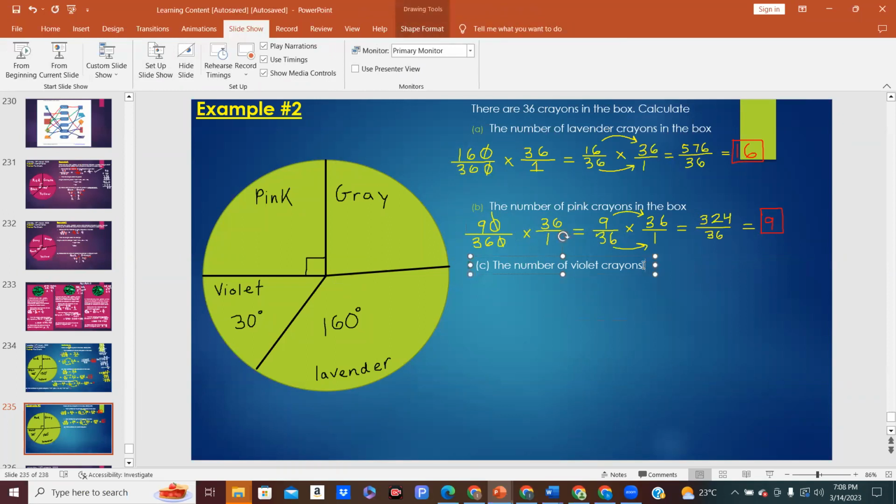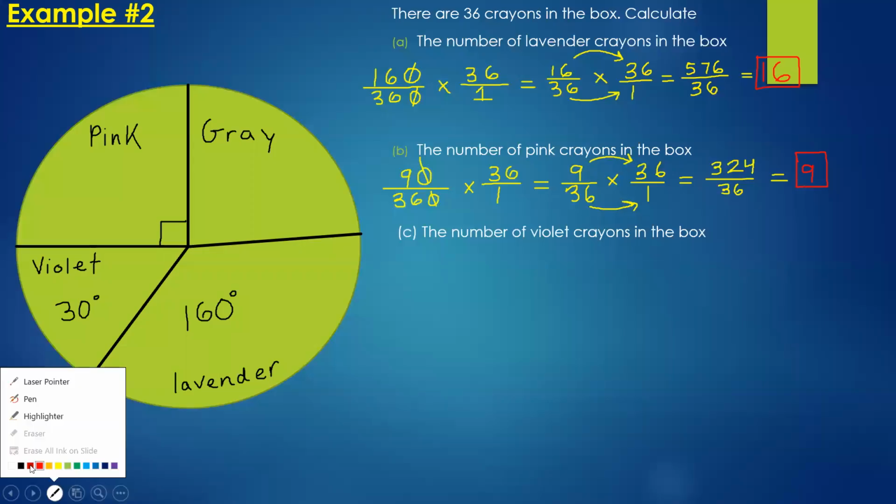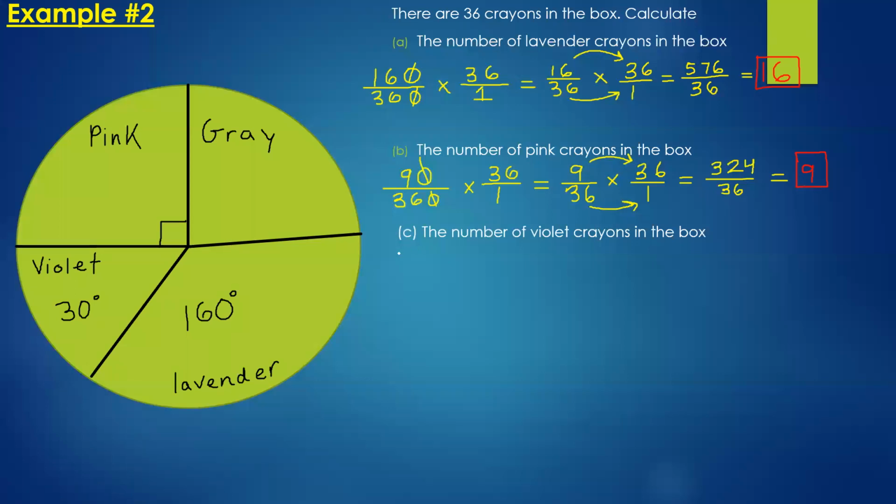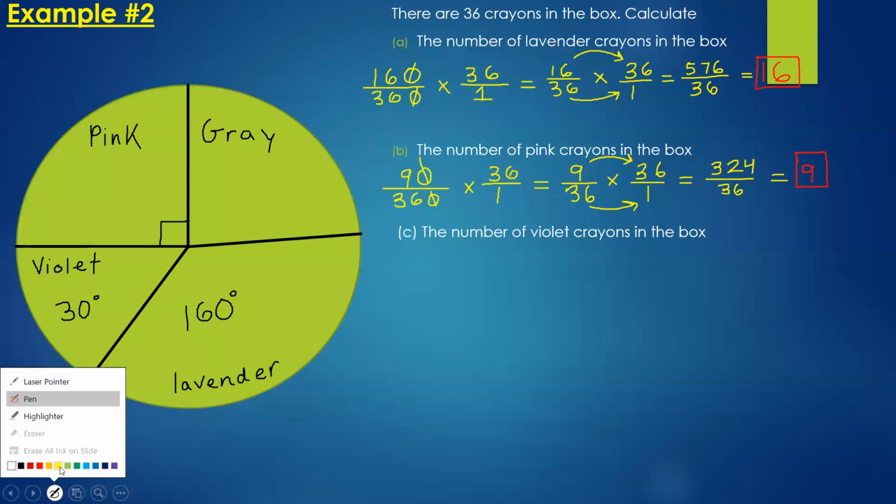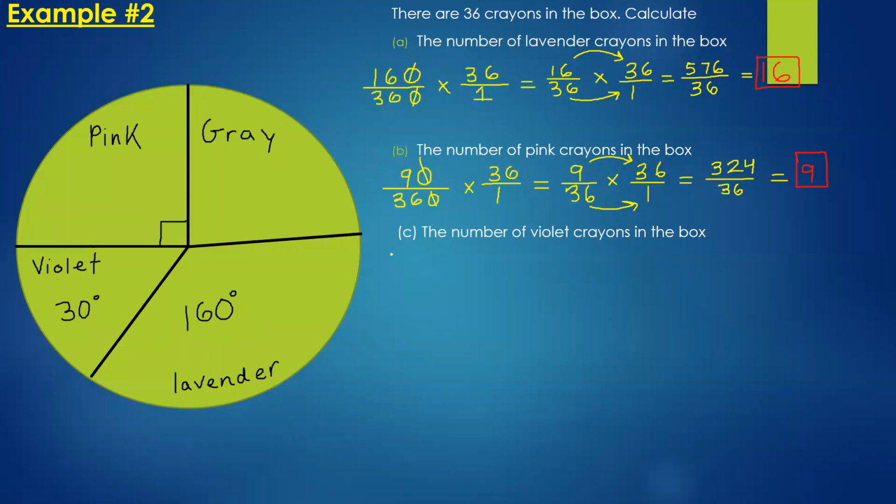The number of violet crayons is 30 over 360 times 36 over 1. Very good. It's going to be 30 divided by 360 multiplied by 36 over 1.